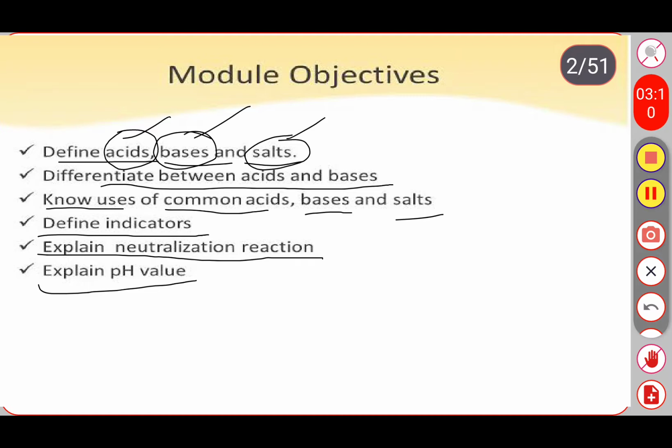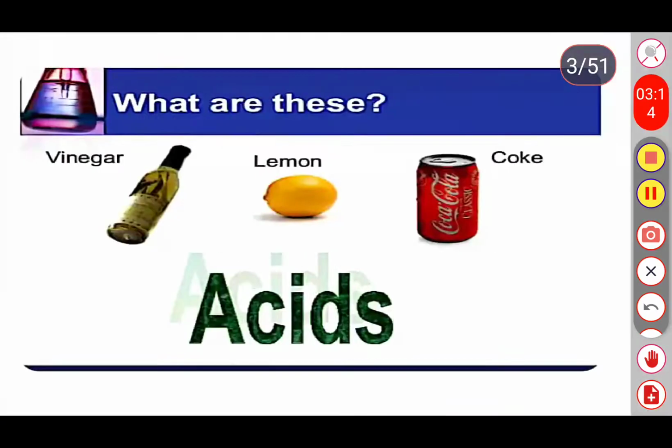Okay, let's start with the first concept of your chapter, that is acids. The word acid originated from the Latin word acidus. Acidus in Latin means sour.